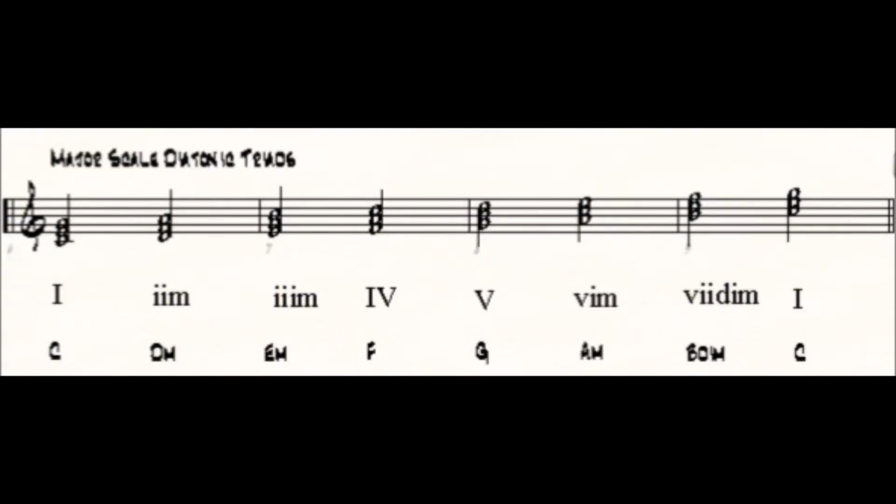We have the C triad, the D minor triad, which is the 2 chord, E minor, which is the 3 chord, F, which is the 4 chord, G, which is the 5 chord, and in some of the examples I'm going to be adding the 7th onto that. I'll talk about that in a minute. A minor, which is the 6th chord, B diminished, which I don't really use today, and back to C or 1, okay?